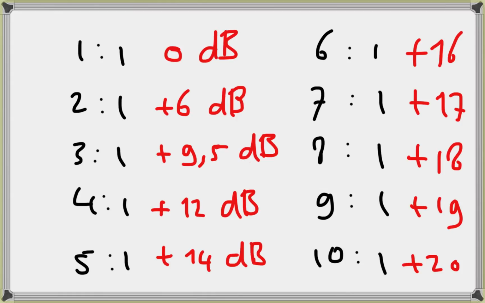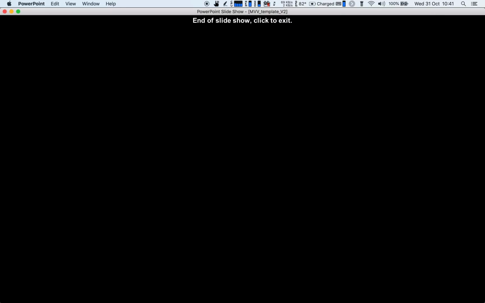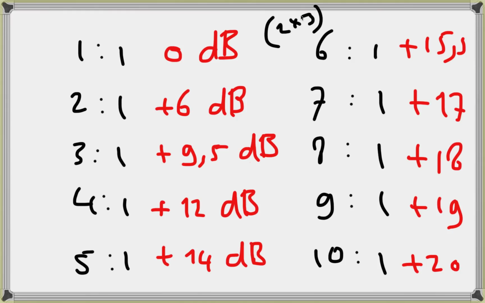It also means that my 6/1, which was 2 times 3, if you remember, cannot be 16 decibels, which it isn't. To be more precise, it is 15.5 decibels. But now I'm really starting to split hairs. And all of this could be done on the back of an envelope, provided that you memorize your 5-fingered rule.